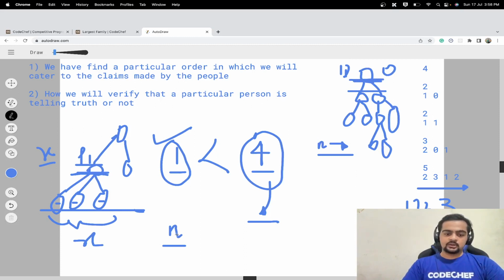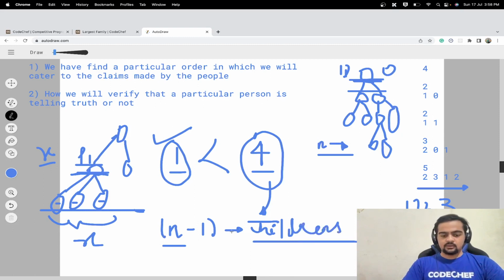So our search space becomes n minus 1. So for any given family tree, there would be at most n minus 1 children. This is our search space for children. We cannot have a number of children greater than n minus 1, and you can draw any family graph and check it also.